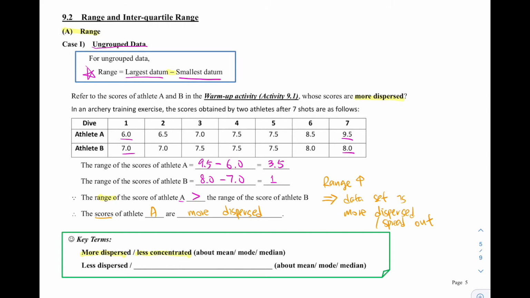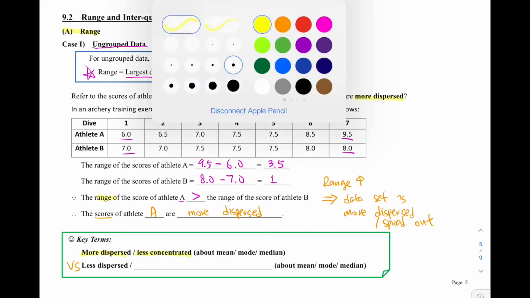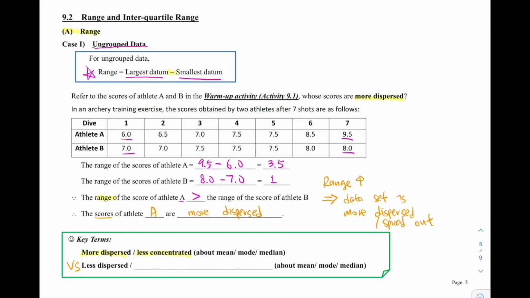Or conversely, we can say the data sets with a smaller or lower range, the distribution is less dispersed or more concentrated.